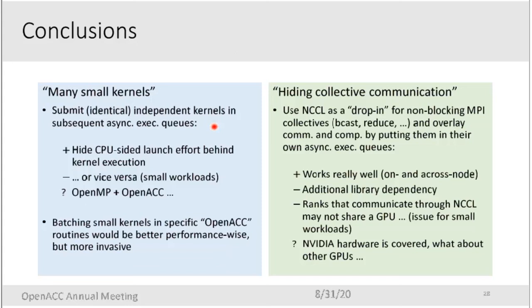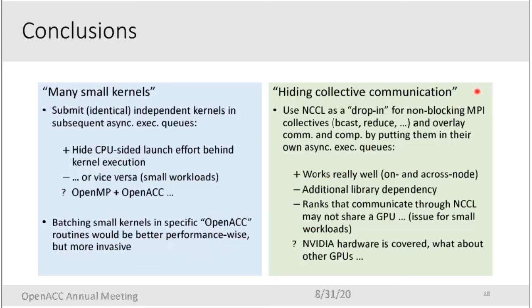We still have some hope that at some point we can use OpenMP plus OpenACC to battle the second condition, so small workloads. And of course, we know that batching small kernels in specific OpenACC routines would be better performance-wise, but it would be much more work and much more invasive.